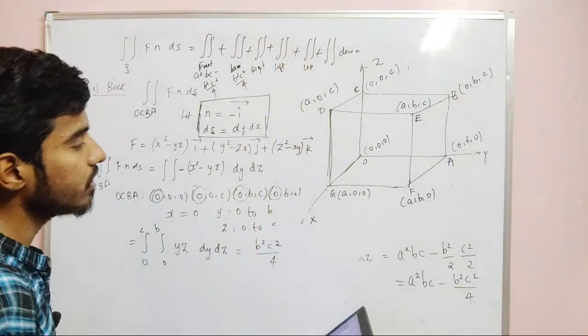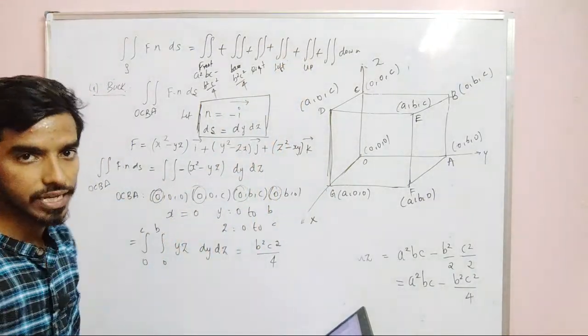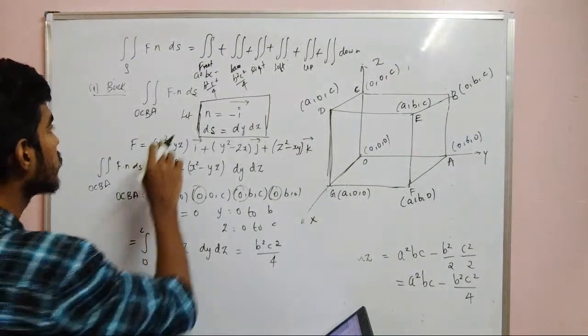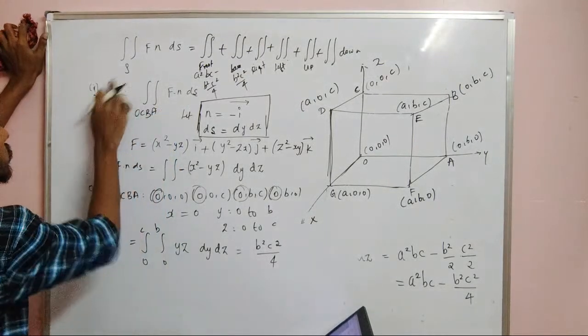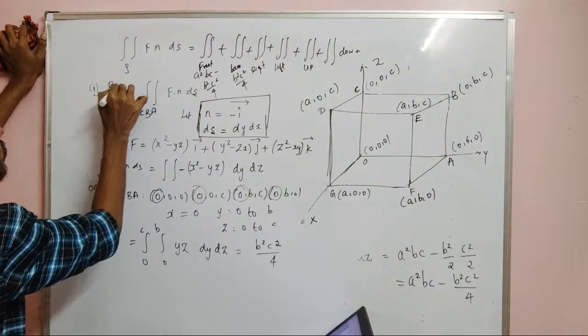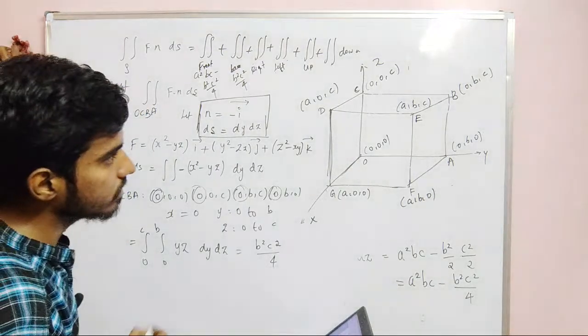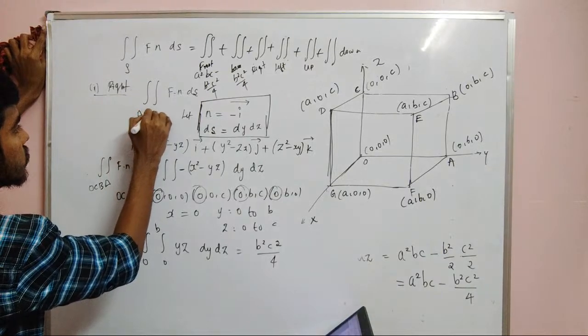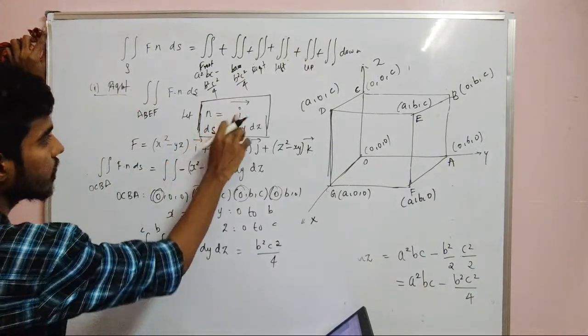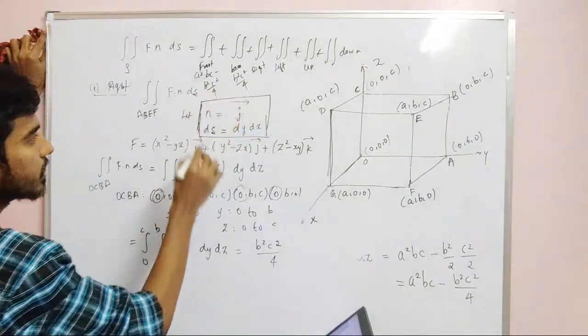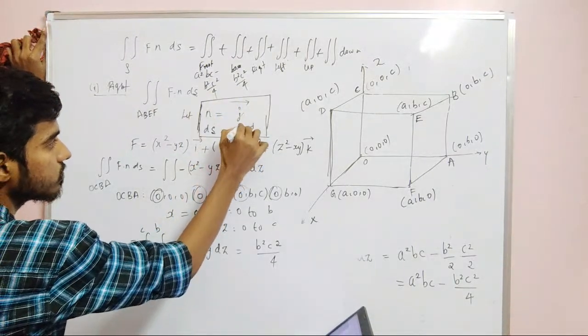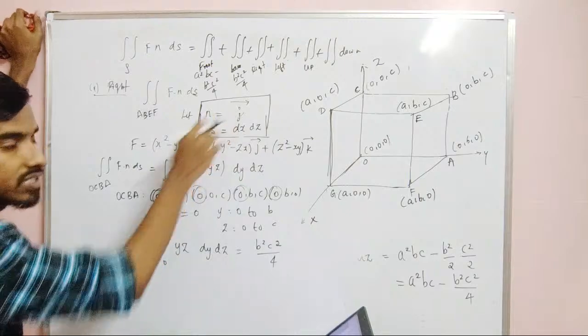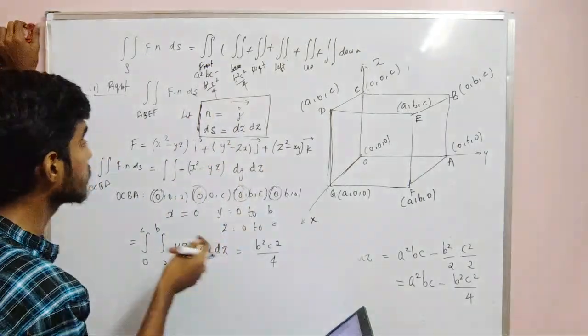So for the right hand side, this is A, B, E, F, and our n is the j vector, so you have to take n equal to j. If you are taking j, you have to take the other components dx, dz.